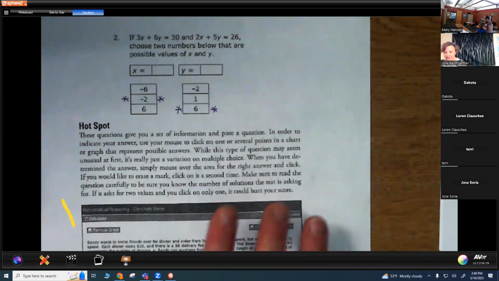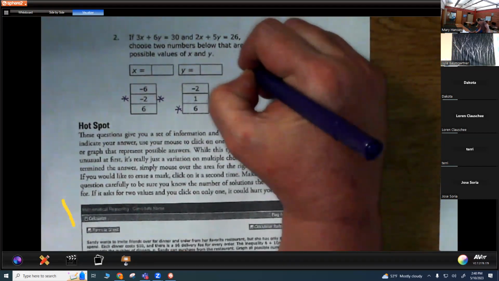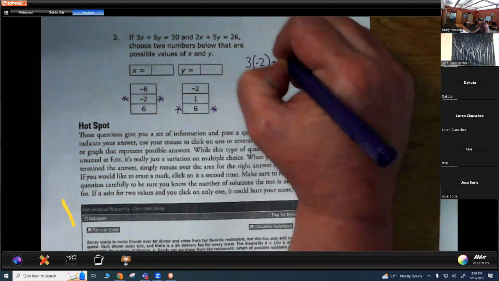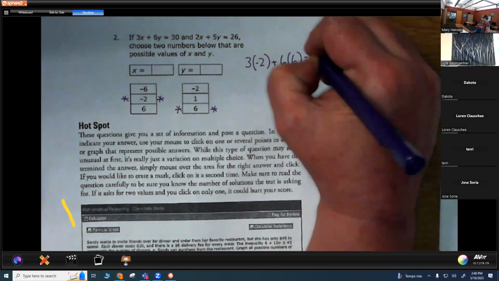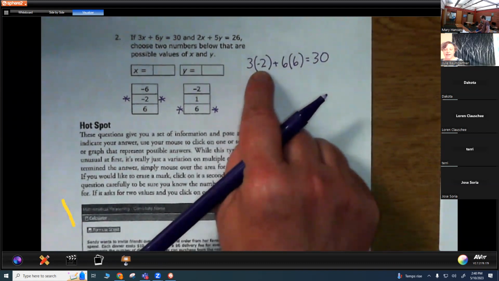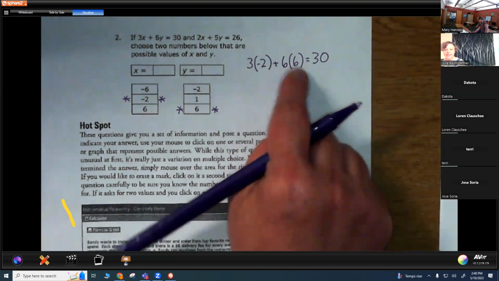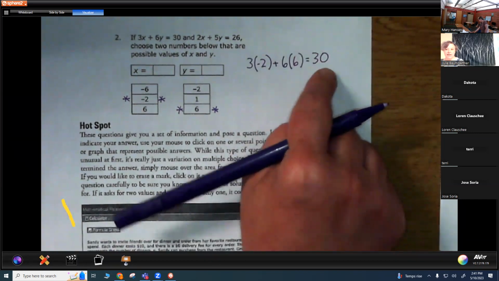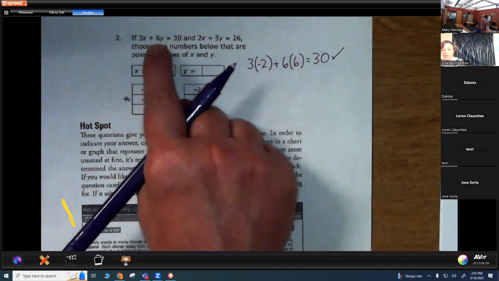So let's test Jose's choices here. Is this true? Well, 3 times -2 is -6. 6 times 6 is 36. -6 plus 36 is 30. So that combination works for our first equation.